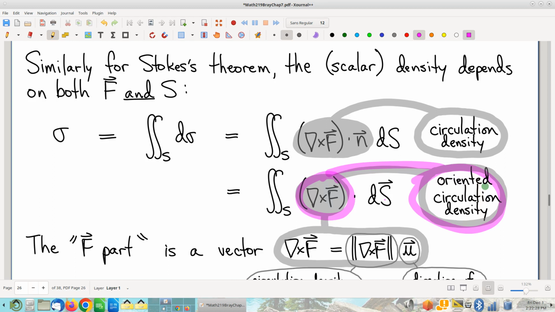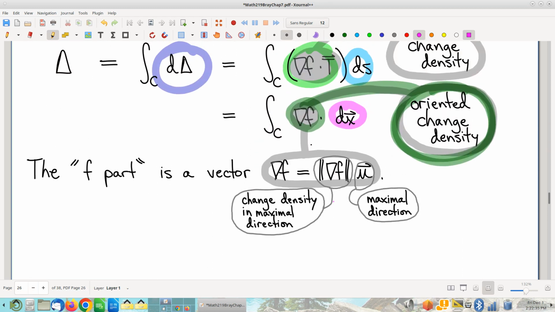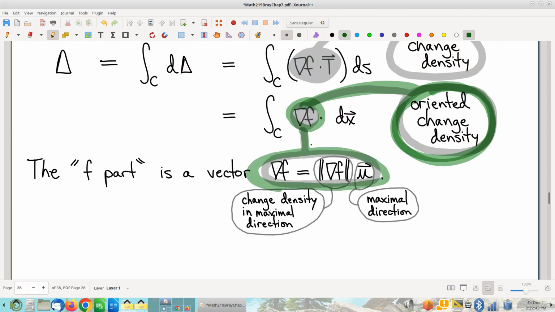And the analogy continues. Let me remind you what else we learned about the gradient vector up here. Looking at our oriented change density, again, kind of a heavy-handed concept, but if you look at the two parts of it, inside of the gradient vector, there's a direction which we know is the direction of fastest increase. This is the direction the change is really happening in, the direction of the gradient.